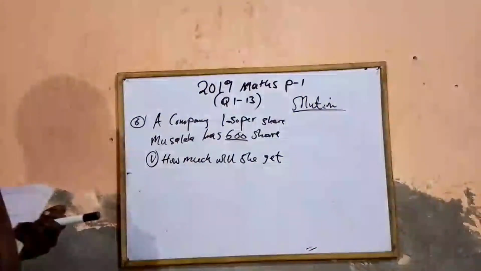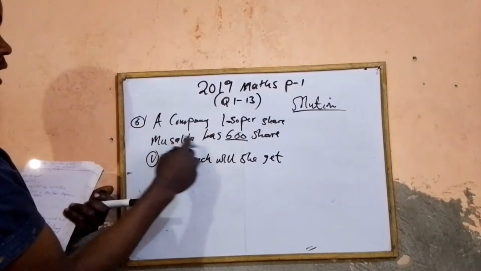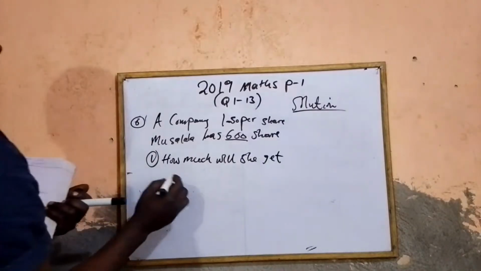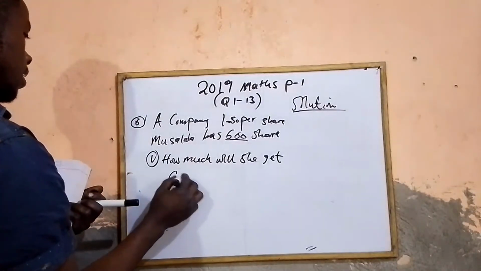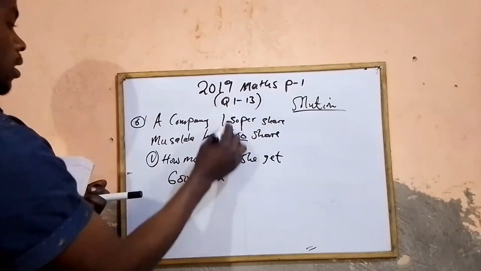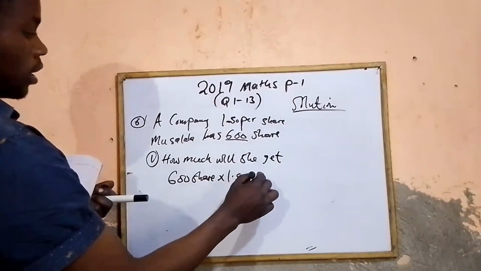So what do we do to find how much Musalala will get? The easiest way is to multiply the 600 shares by the value per share.